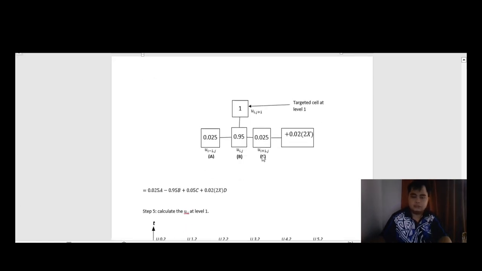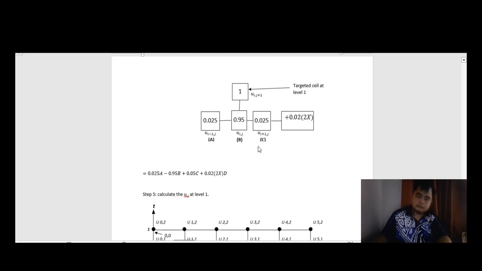This is the equation and the figure for level 1.